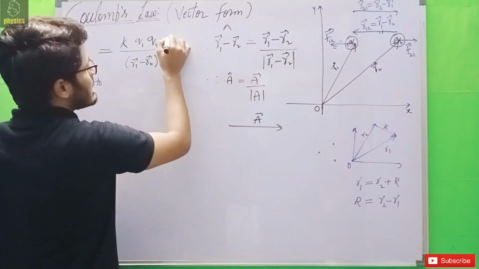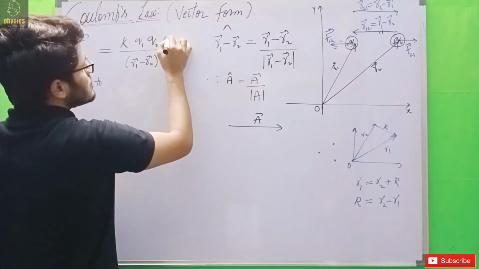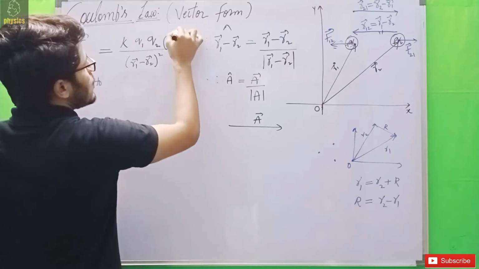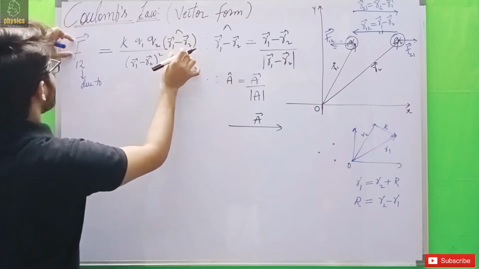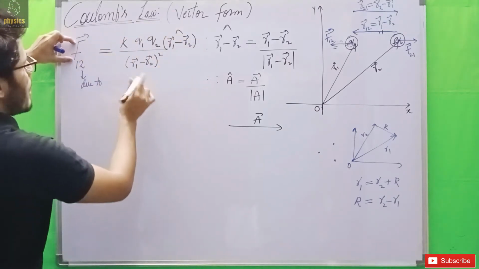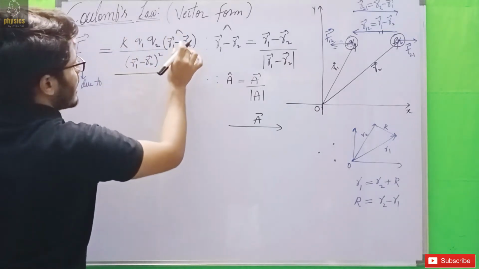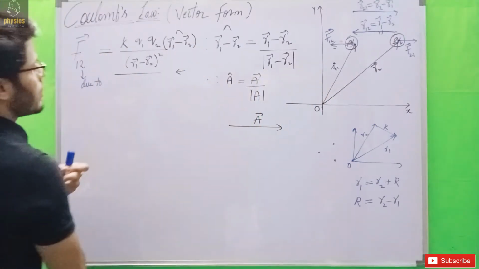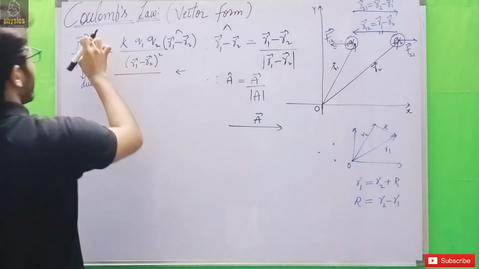So we will multiply by this unit vector. Now this force is in vector form. The force magnitude is this and the direction is along this way. Are you getting my point? Then only you can call it a vector.